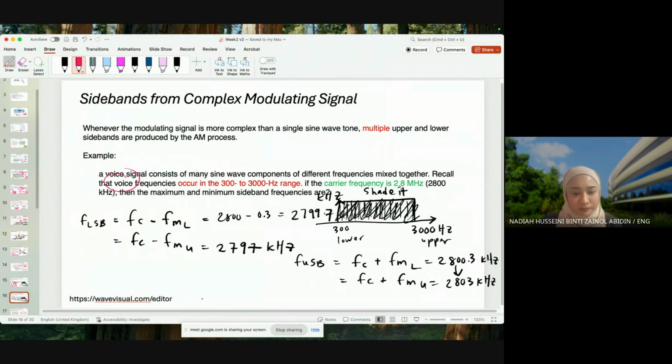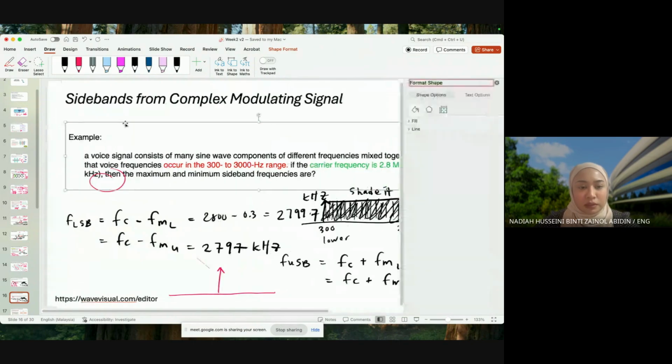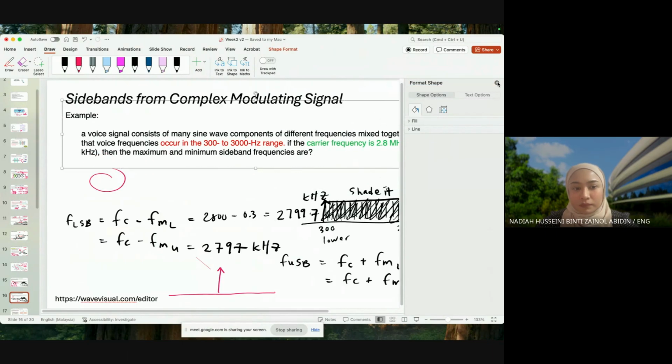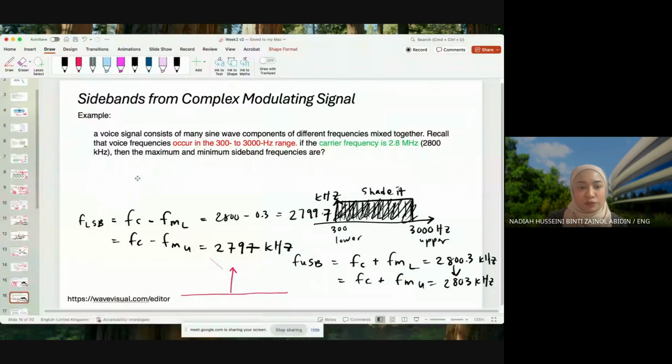Okay, drawing. FC is 2800. Let me write the values. Why do I always not have space? Let's get rid of this, put this up here, and move this over here.